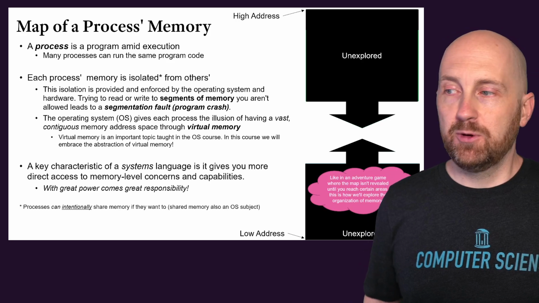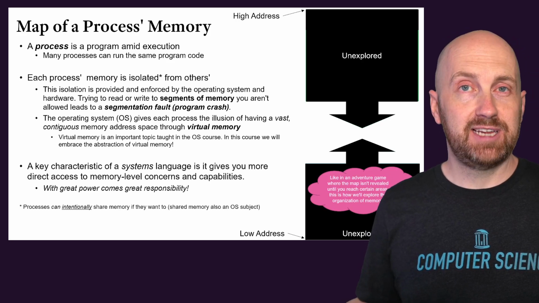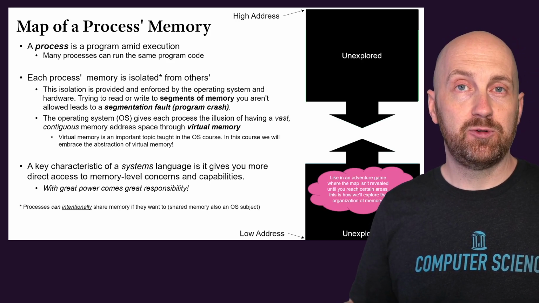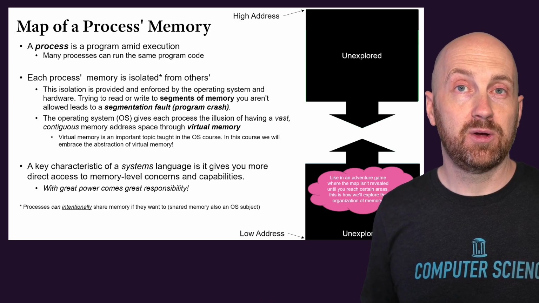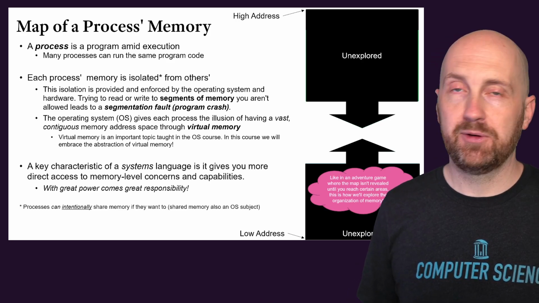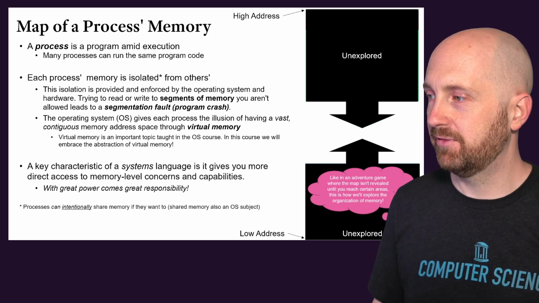I should note, as a footnote, that processes can share data between two processes, but both processes are going to be intentional about doing so, and that requires some operating system intervention.